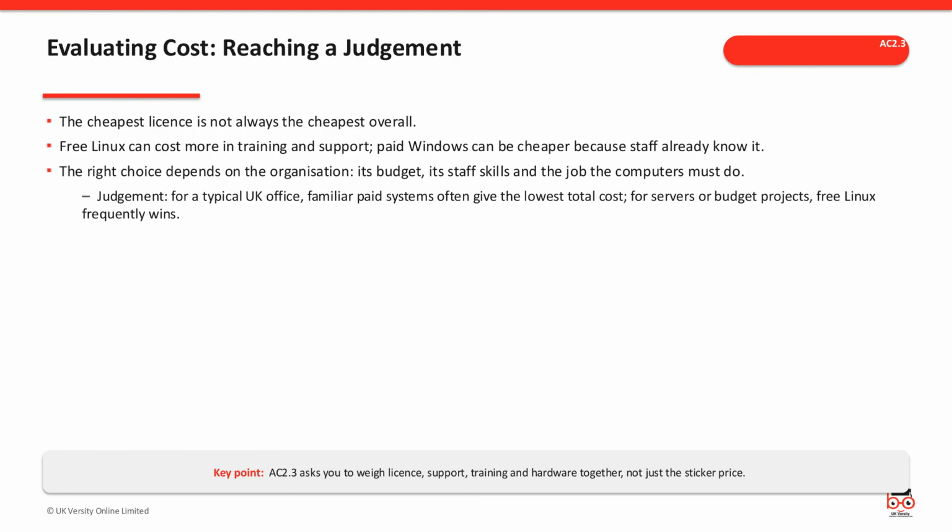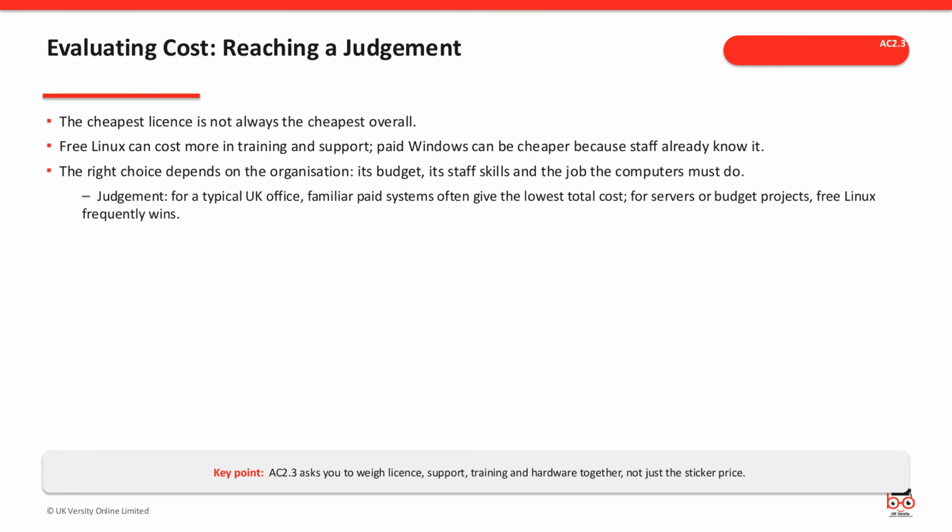Which brings us to the judgment this outcome really wants. The cheapest license is not always the cheapest overall. Free Linux can cost more once you add training and support, while paid Windows can work out cheaper simply because staff already know it.